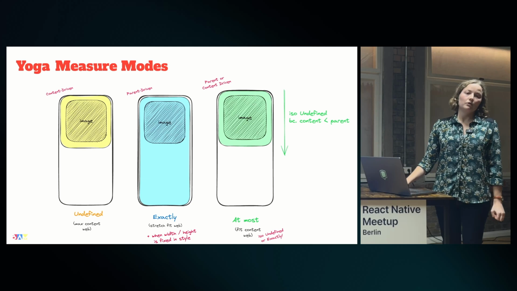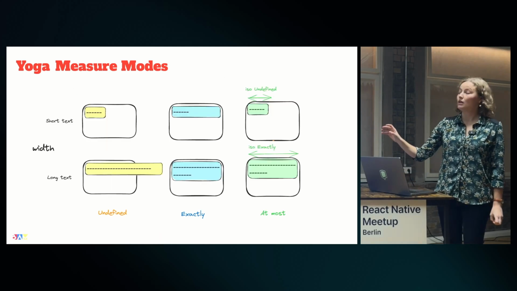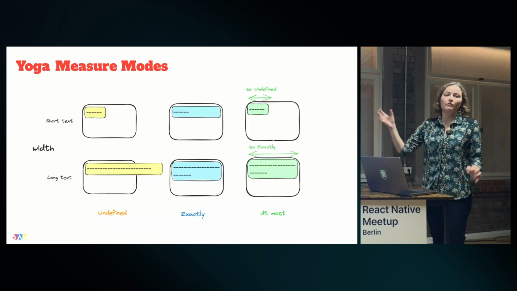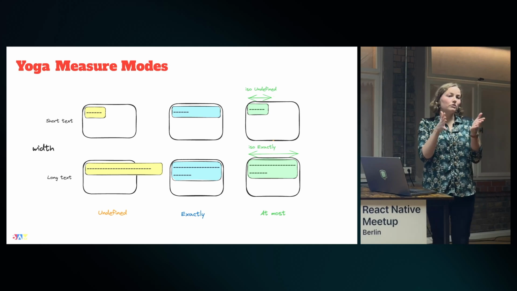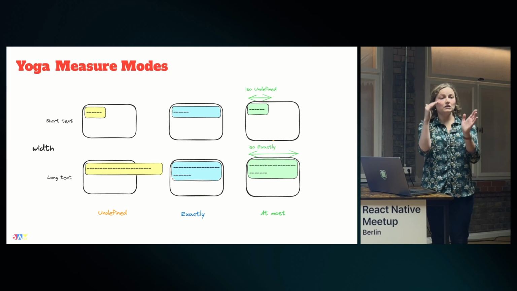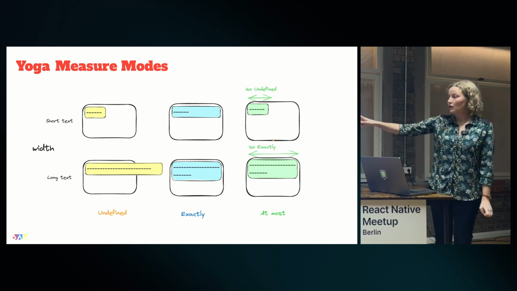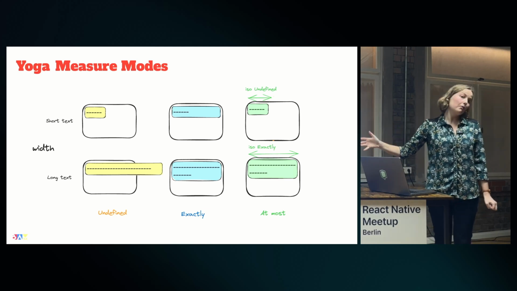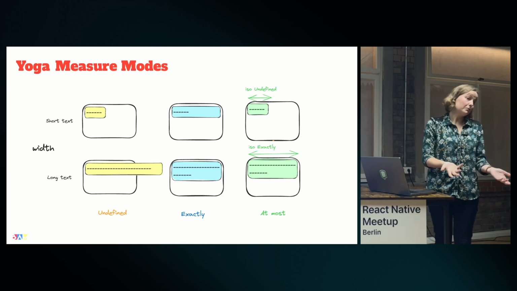Typically, the utmost mode is used for the text. When a text only has a few words, the text container sticks to what's inside. As soon as your text is longer on several lines, its width is the one from the parent, because the text always wraps in React Native.